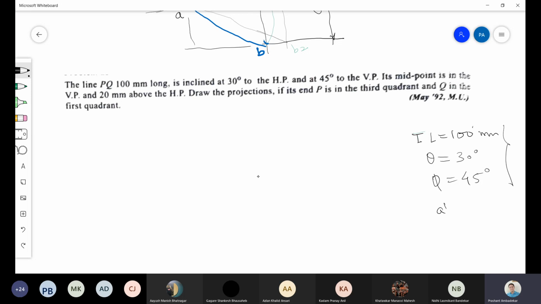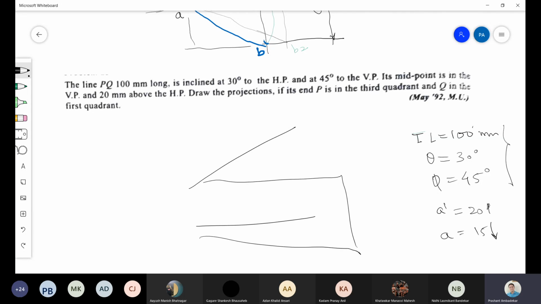If I give that A dash is 20 mm above HP and A is 15 mm below or in front of VP, all of you will be able to draw this. This is a basic sum. Now, a small modification is done in this basic sum. What is the modification? Instead of giving the location of A dash, the midpoint location is given.